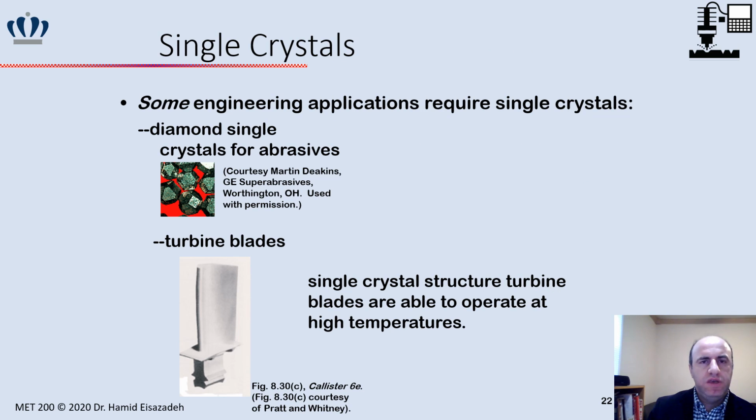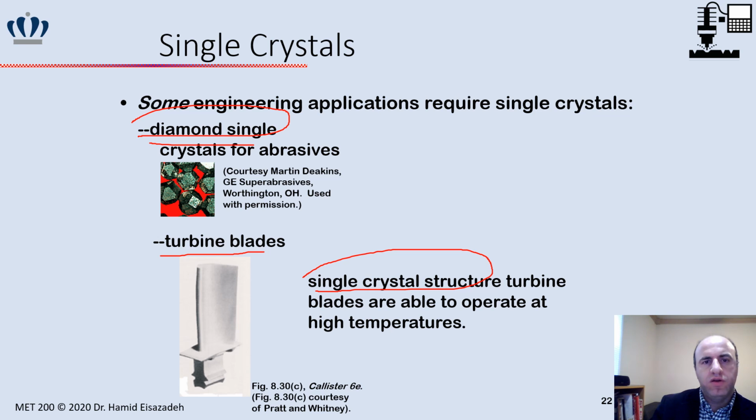Many of the materials that we discuss in this course are polycrystalline, but there are some engineering applications that require single crystal. Single crystal means a single grain. One example is diamond, which is used for abrasive applications. The next one is the turbine blade, which uses a single crystal structure.